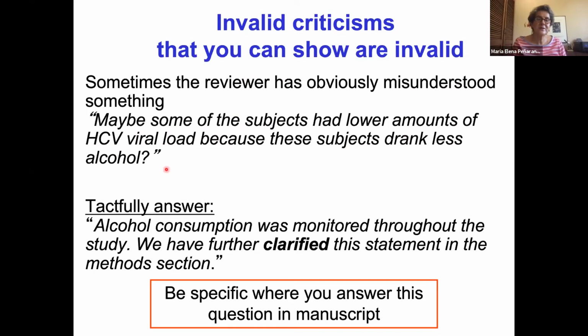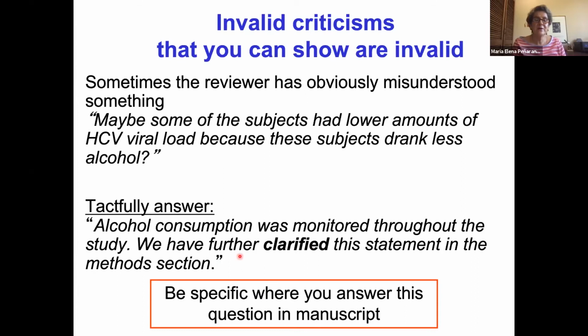You don't think this is related to infection with hepatitis C virus." So you thankfully answer: alcohol consumption was monitored throughout the study. We have further clarified this statement in the methods section. So you then include that information if you have it.